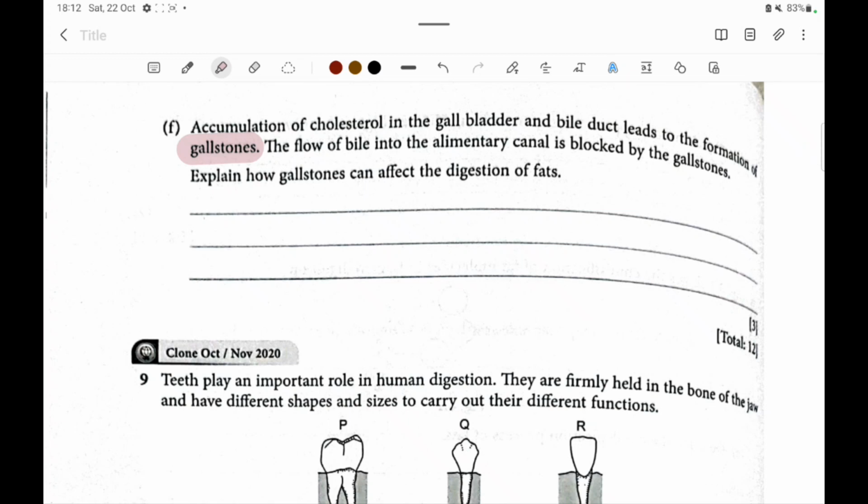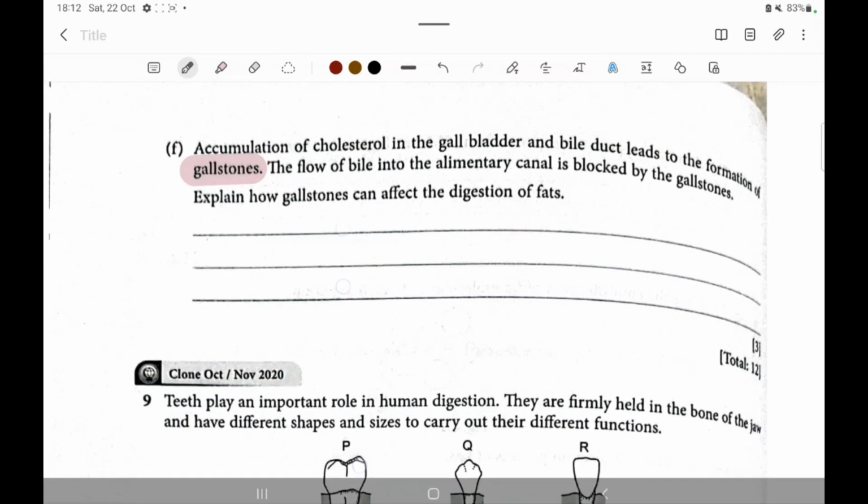So the gallstone will block the flow of bile. So if bile is blocked, so no bile will be secreted into. Actually, not no. There is still bile, but depends on the blockage. If it's partial blockage, then less bile will be secreted.